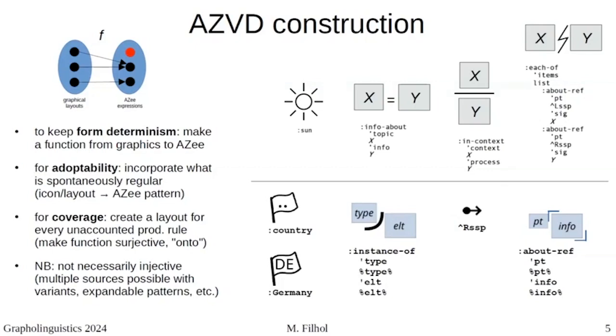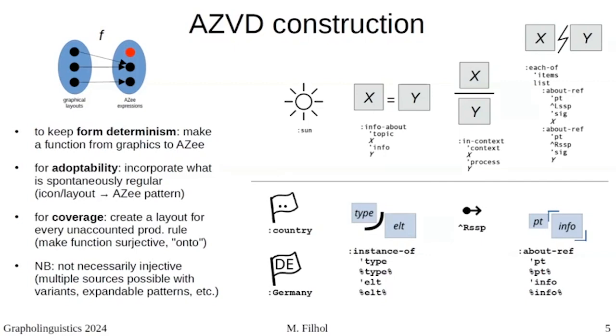template expression. The horizontal bar we saw, we also have a rule for that directly in AZ that directly corresponds, called in context. First one is the context, second is the process. Process is to be understood in the context of X. More elaborate templates when we have an opposition between two things, X and Y here.